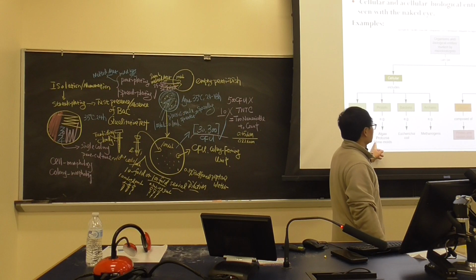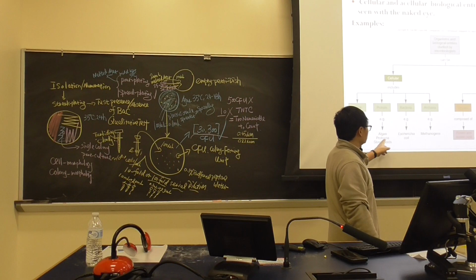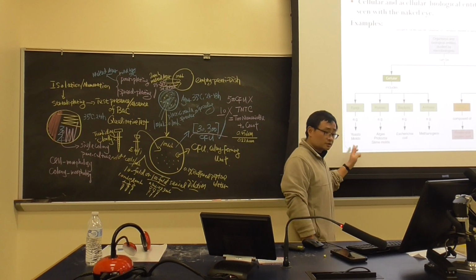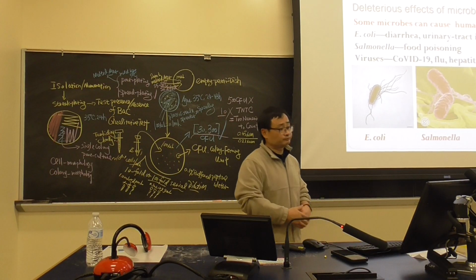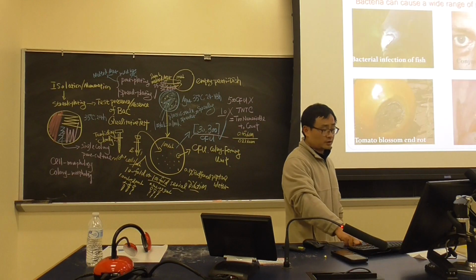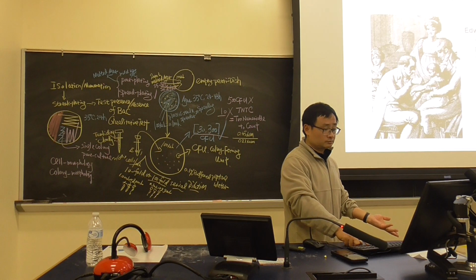What are protists? Algae, protozoa, slime molds. This slide is important to give you the examples. What is this? It tells you some bacteria are really bad. This is one good example.